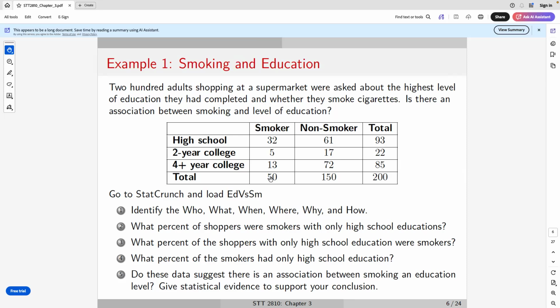And so for smoking status, you write down smoker and then non-smoker. How many smokers do we have? 50 divided by the total, which is what? 200. Is that okay? How many non-smokers do we have? 150 divided by the total, 200.